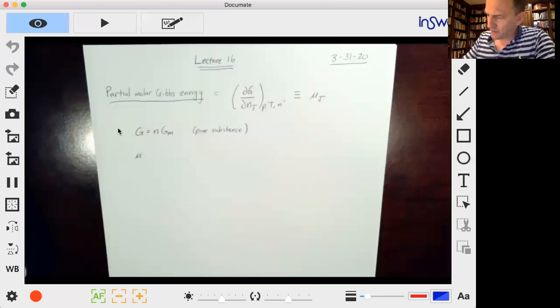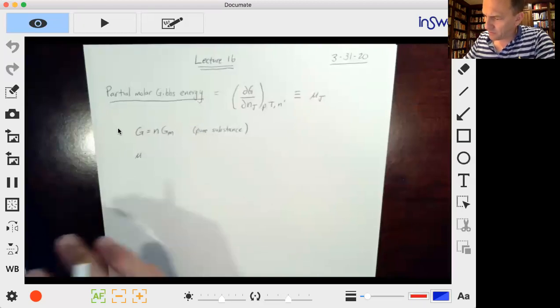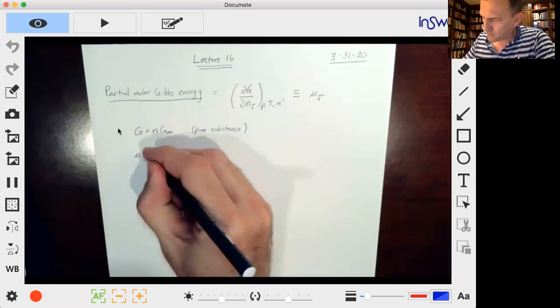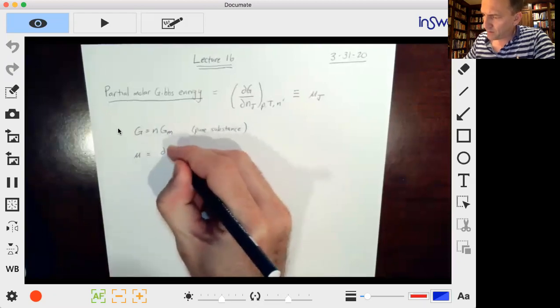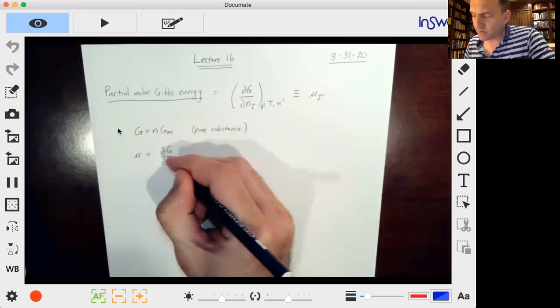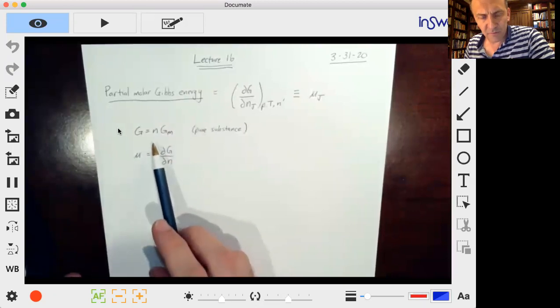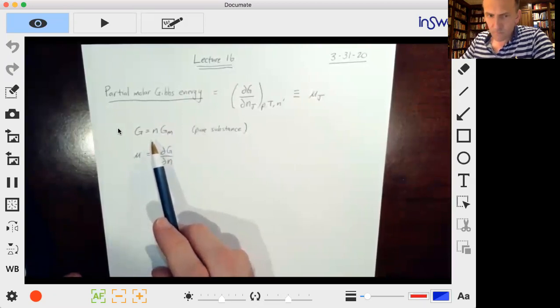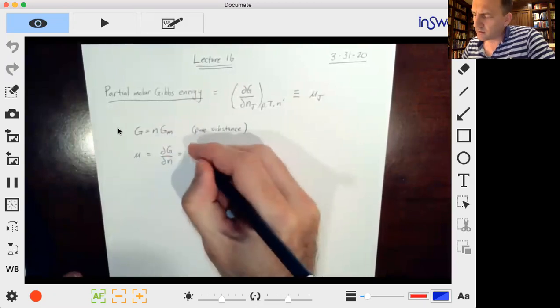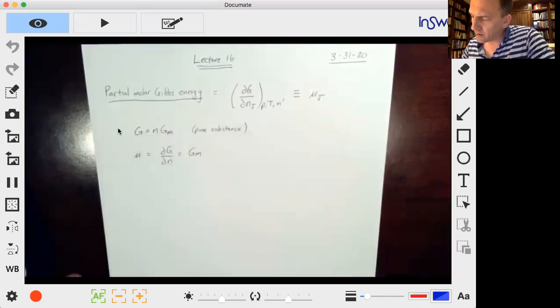And if I now apply this definition that I wrote above, I'm taking the derivative of G with respect to N. Take a look at my formula for G. What happens when I take the derivative of this with respect to N? Well, the N goes away and I'm left with G_m. And this is exactly how we defined the chemical potential before for a pure substance.